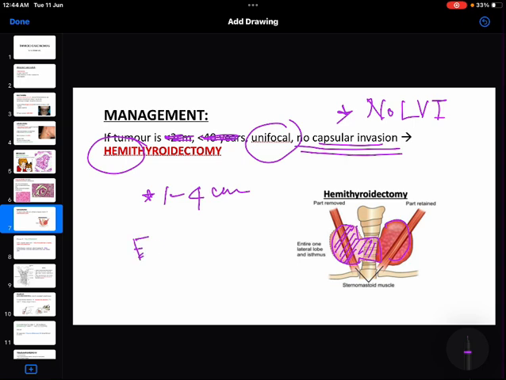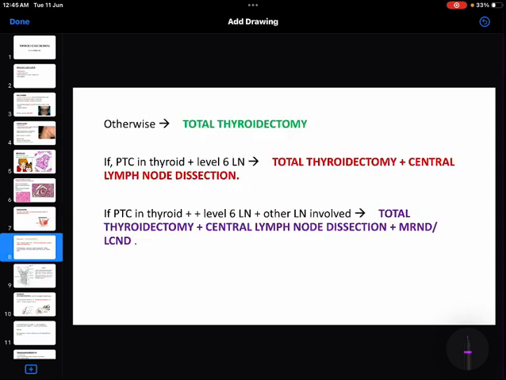One exception is that if the patient has a history of radiation exposure, there is no concept of hemithyroidectomy. Directly we have to go for total thyroidectomy. So in all the other cases, plus these radiation exposure cases, we perform total thyroidectomy.